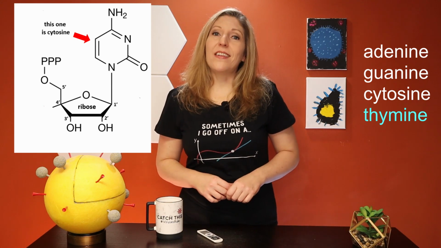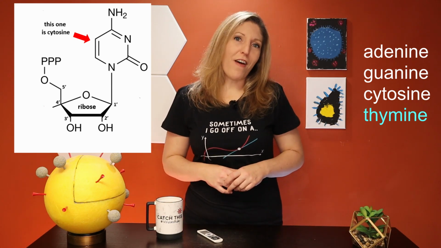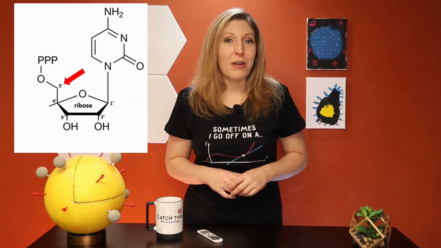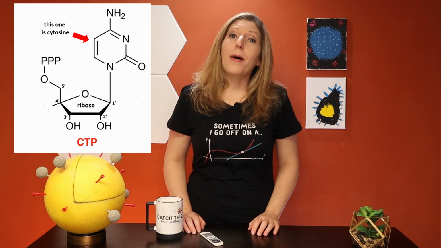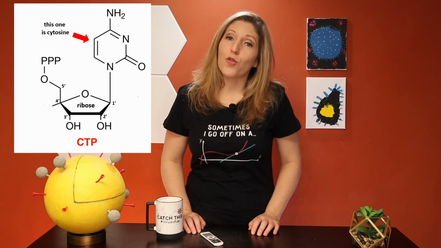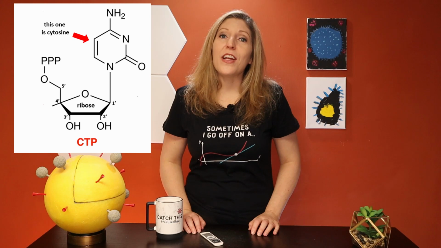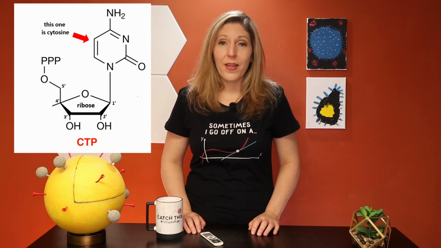The 3 phosphates, also referred to as a triphosphate group, are connected to the ribose at its 5' carbon. For example, the ribose in the nucleotide cytidine triphosphate, also known as CTP, is connected to a triphosphate group and a cytosine base.